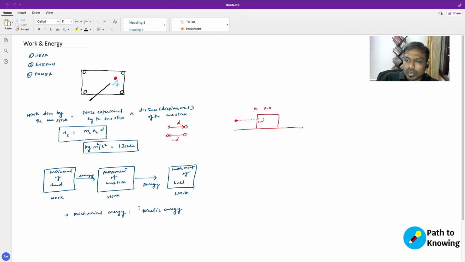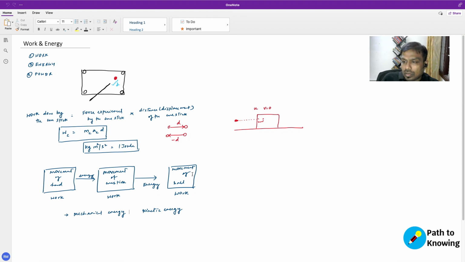So this is a more accurate way. It is mechanical energy, but to be more precise, you call the energy that you have acquired from motion the kinetic energy. In all the three cases, your hand acquired that kinetic energy by doing work, and it was transferred to the cue stick, and the kinetic energy of the cue stick ended up making the ball do that work.